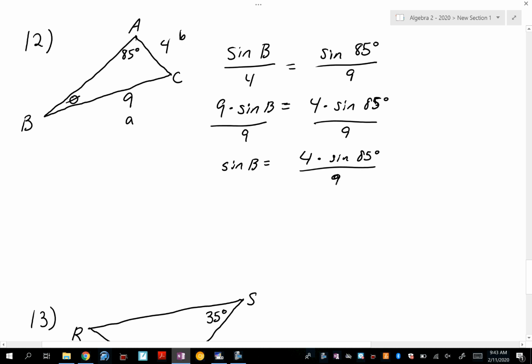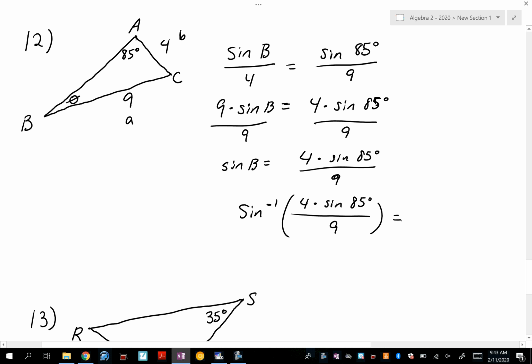Now in the calculator, because you're solving for an angle and they're giving you a ratio, this is what I would type in: sine to the negative first power of 4 times the sine of 85 degrees over 9.